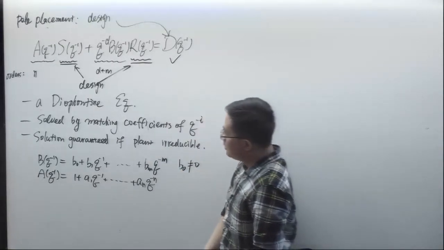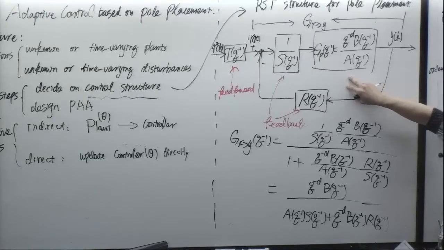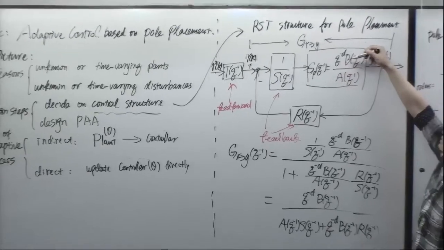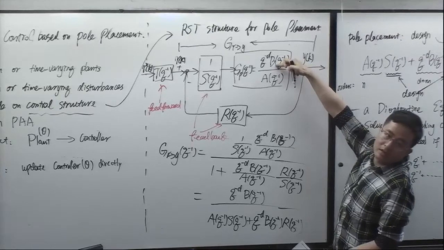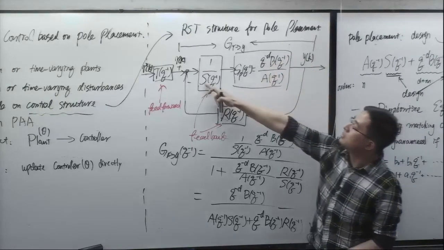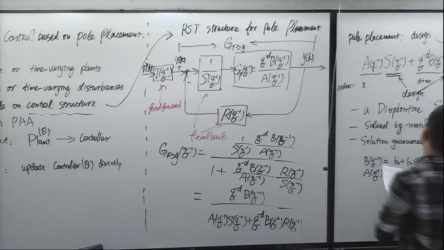So in here, if I look at this system block diagram, if the plant has stable zeros, then a good way to start with the design is to cancel these stable elements by S, and that will lead us to some simplifications immediately.